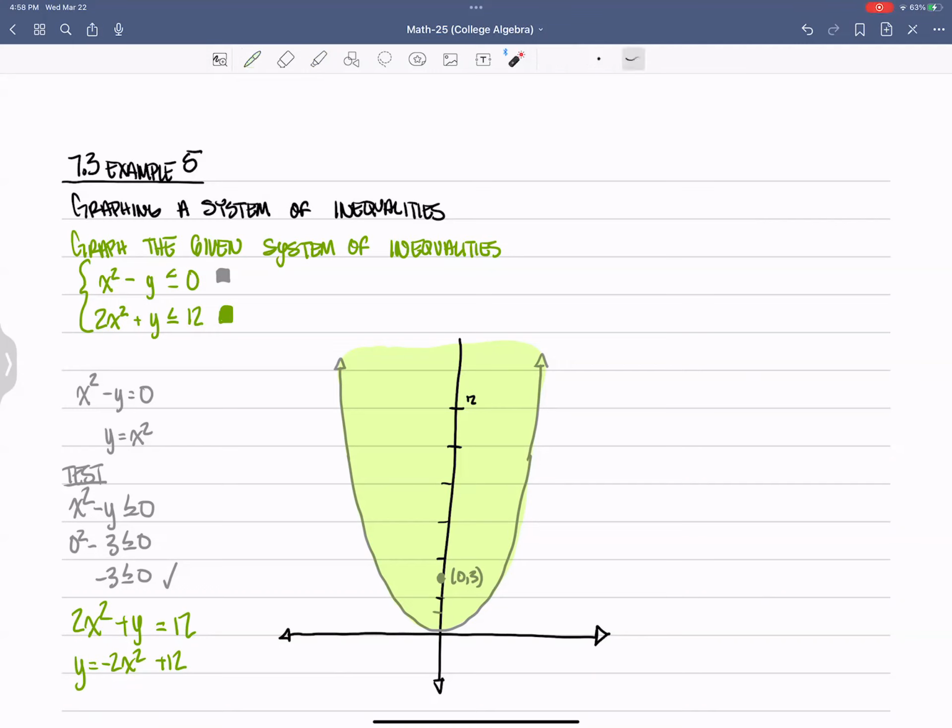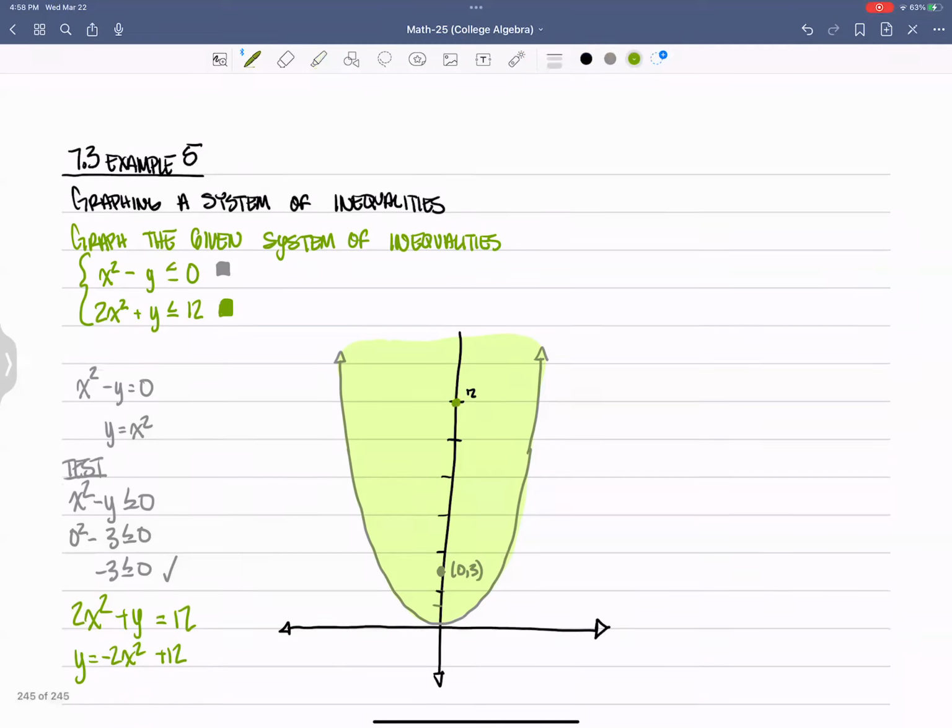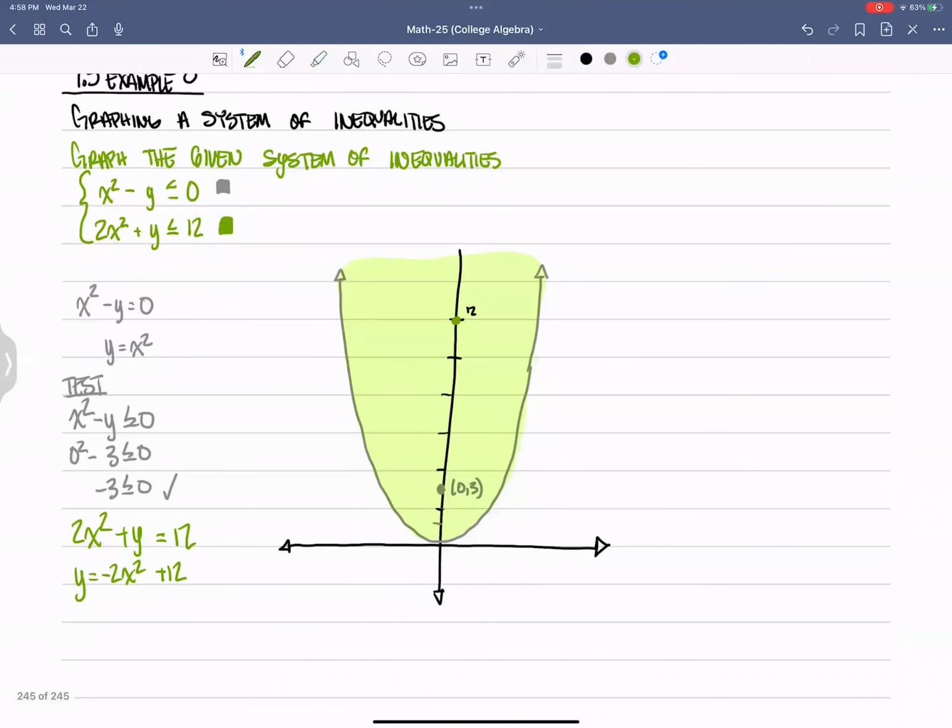So we have a parabola that opens downward with a vertex at 0, 12. So 0, 12 is going to be right here. 0, 12 opening downward and stretched vertically by a factor of 2. So it's going to come down this way, come down this way.